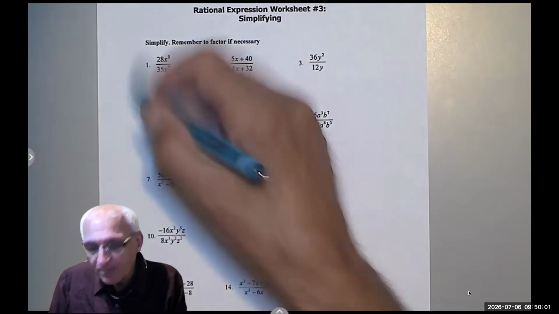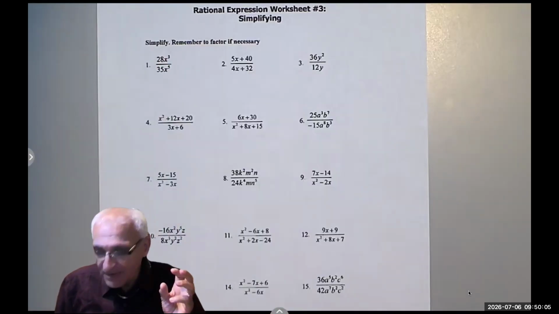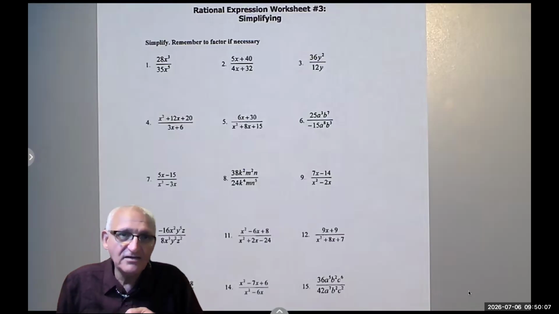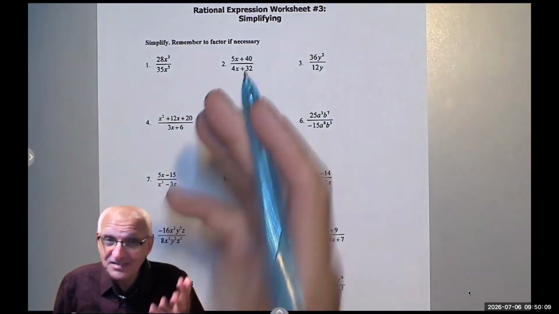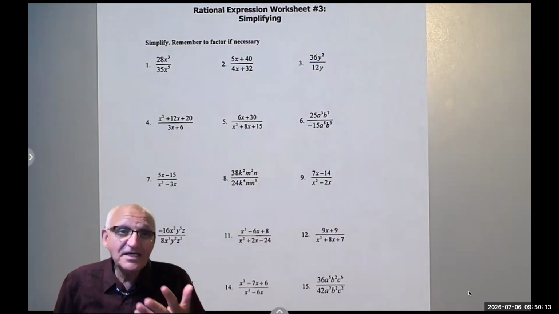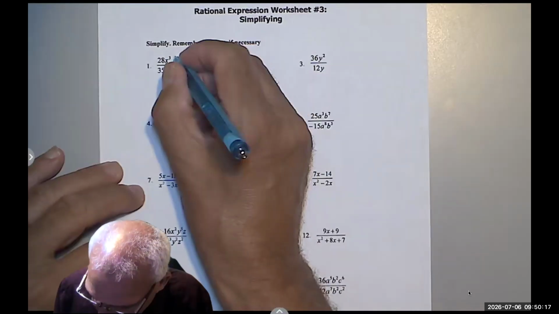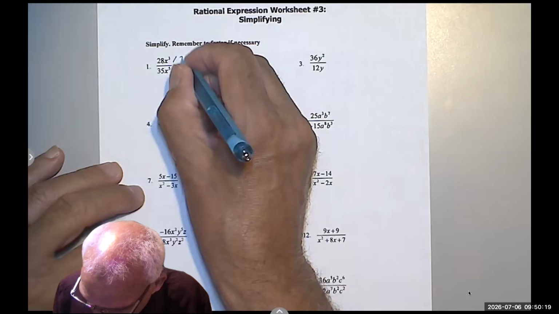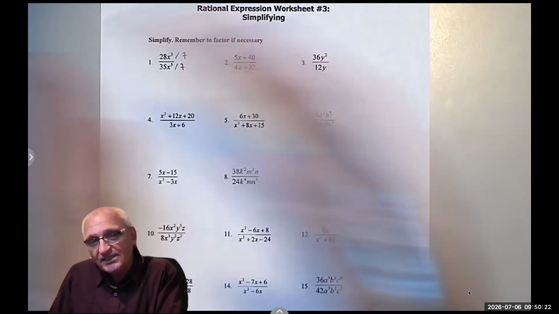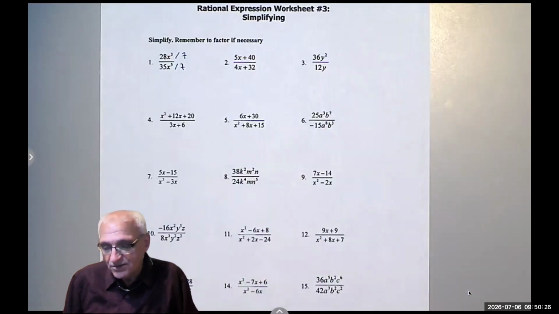So when you look at problem number 1, you look first at the numbers. Can I simplify 28 and 35? If you still remember your multiplication table, you will see that 28 and 35, both of them are divisible by 7. So I will divide top and bottom by 7. And then I look at the variables. I only have one variable here, which is x.